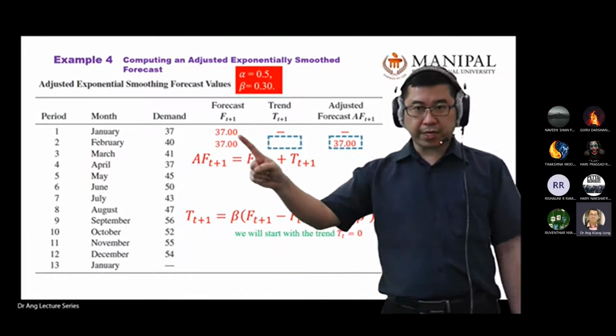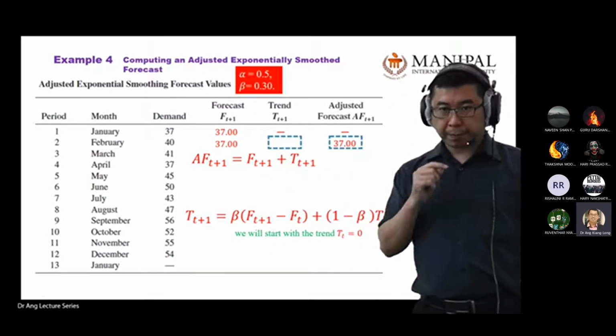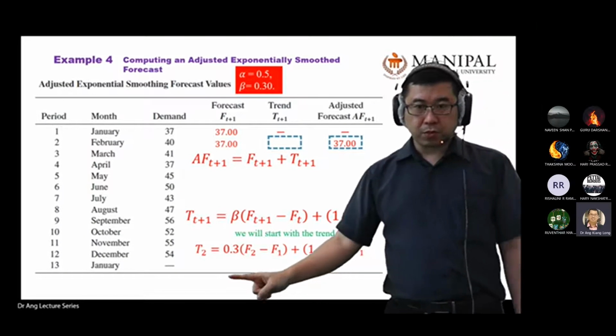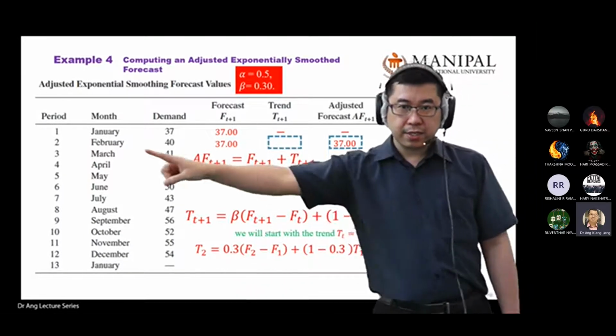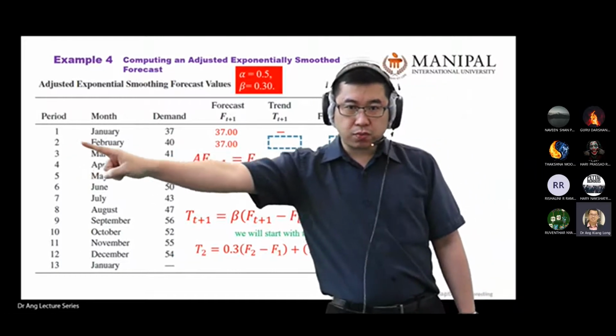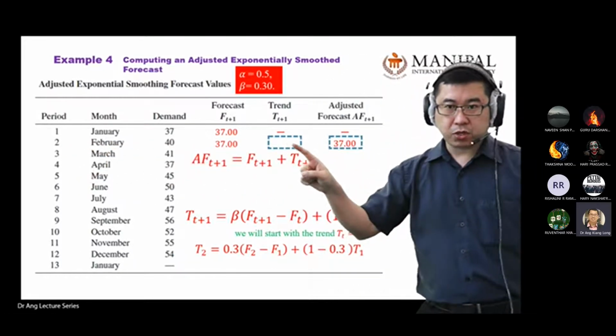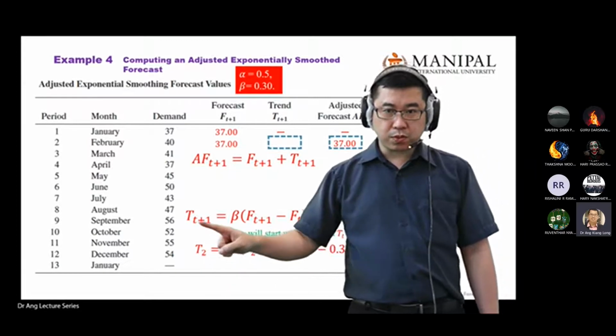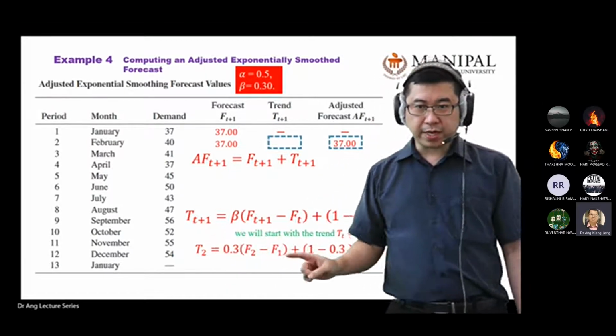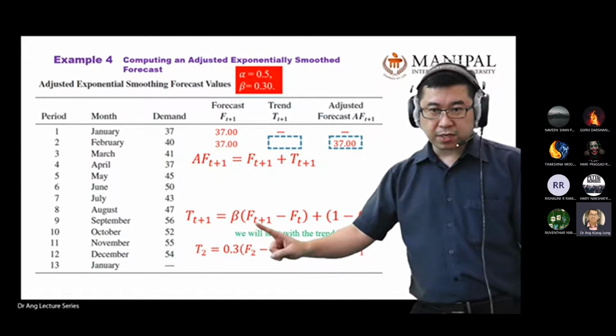So you have all the data here already. If you want to calculate this one, this is T2. So what is your t? t is 1, so this is also 1.